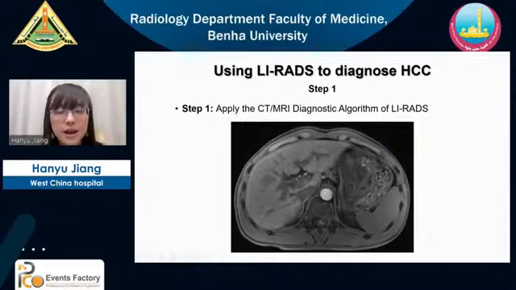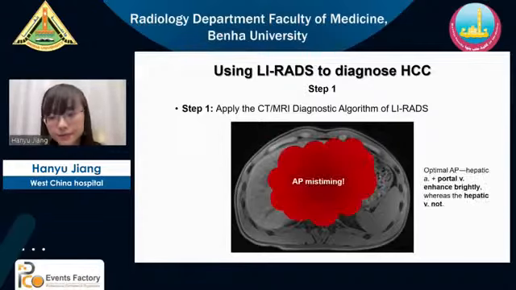So this could be better appreciated as early arterial phase rather than the late arterial phase that we frequently use in HCC diagnosis. So let's repeat this again. The optimal arterial phase images are acquired when the hepatic artery and the portal veins enhance brightly, while the hepatic veins do not.